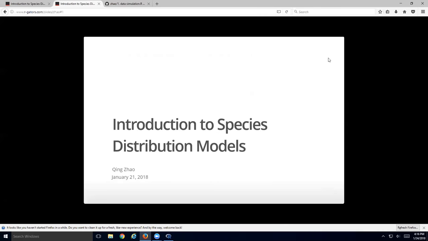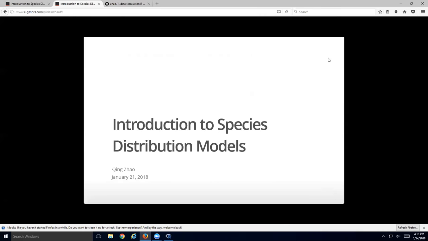I think at some point they will become the same model. And at that point, anyone who needs to use some ecological models needs to at least know something about species distribution models. That's why I think this is a very important topic, but also very basic.